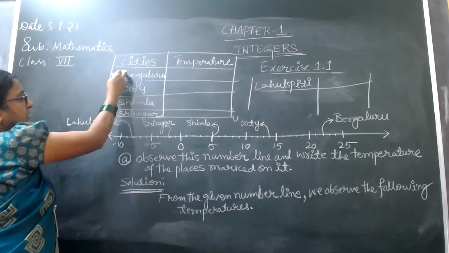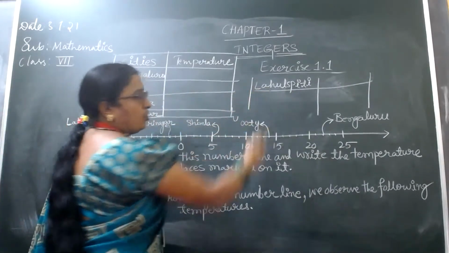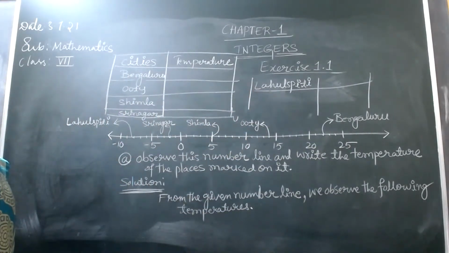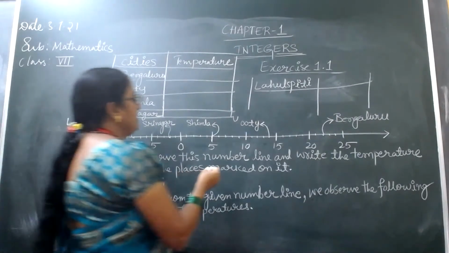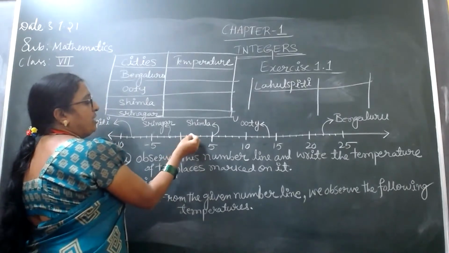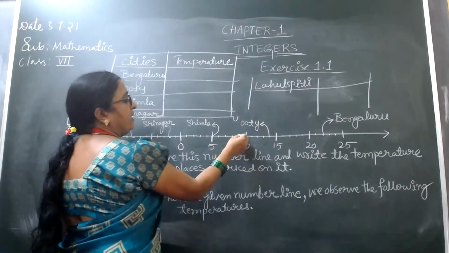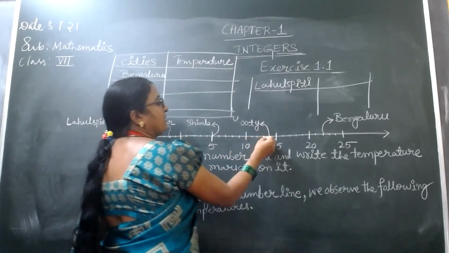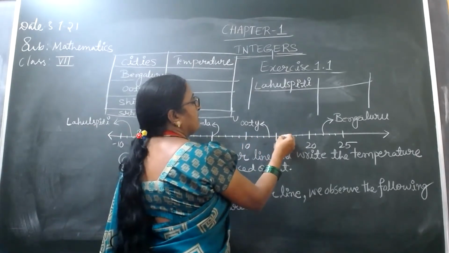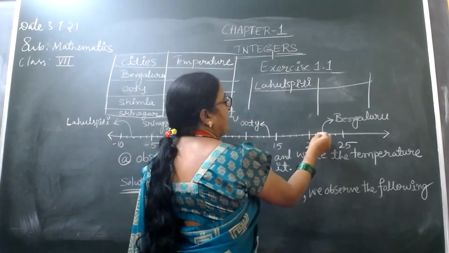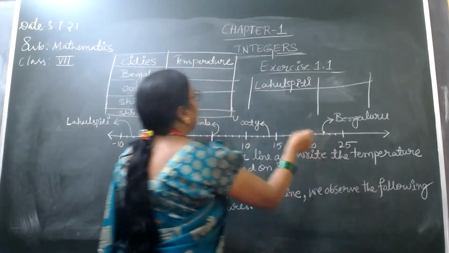The fifth one: 1, 2, 3, 4, 5. Total 5 cities. Look here, student, how we should write down the temperature. See here, after 0, 1, 2, 3, 4, 5, 6, 7, 8, 9, 10, 11, 12, 13, 14, 15, 16, 17, 18, 19, 20, 21, 22.